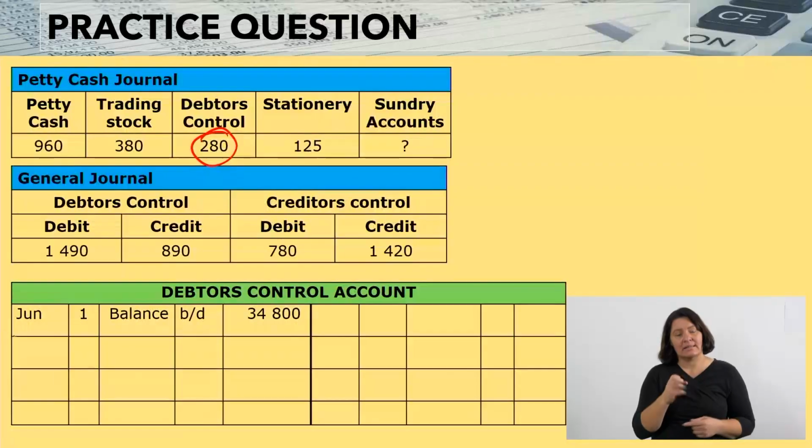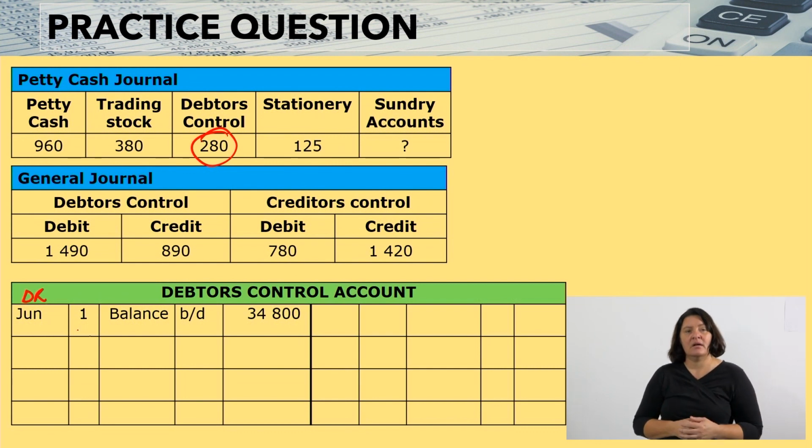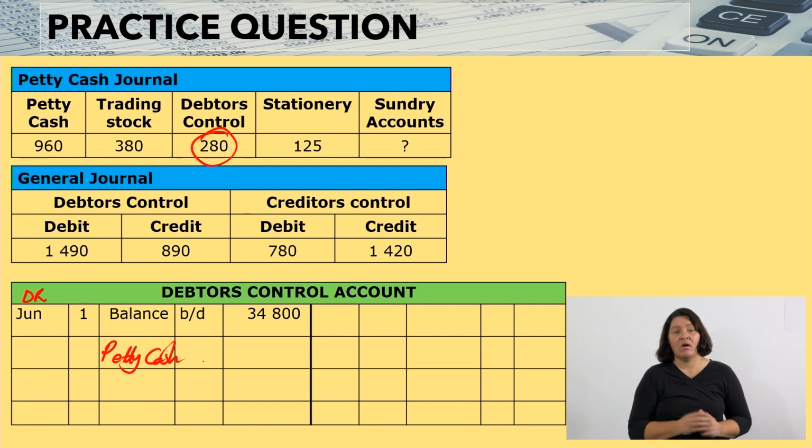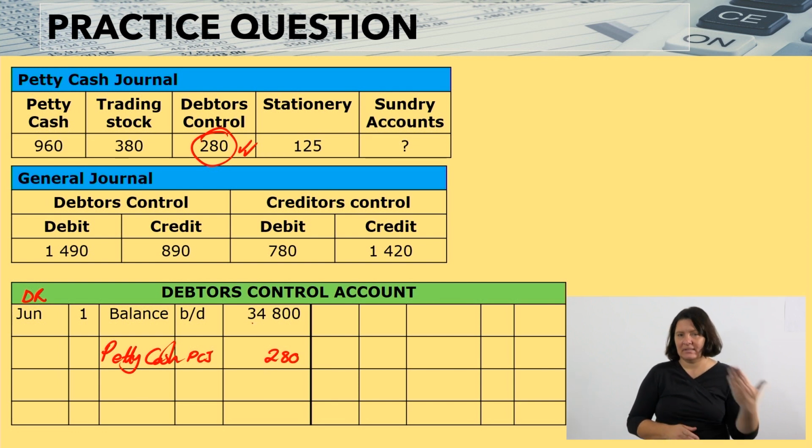Therefore, we will come to our debtors control on the debit side, and we will then say petty cash. Here's my petty cash from the PCJ. We are talking about this 280. I'll now have my 280 on the debit side.